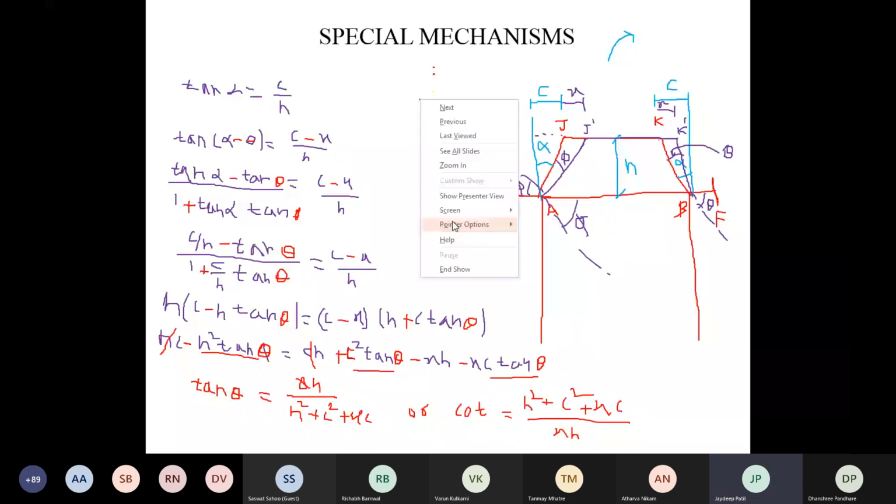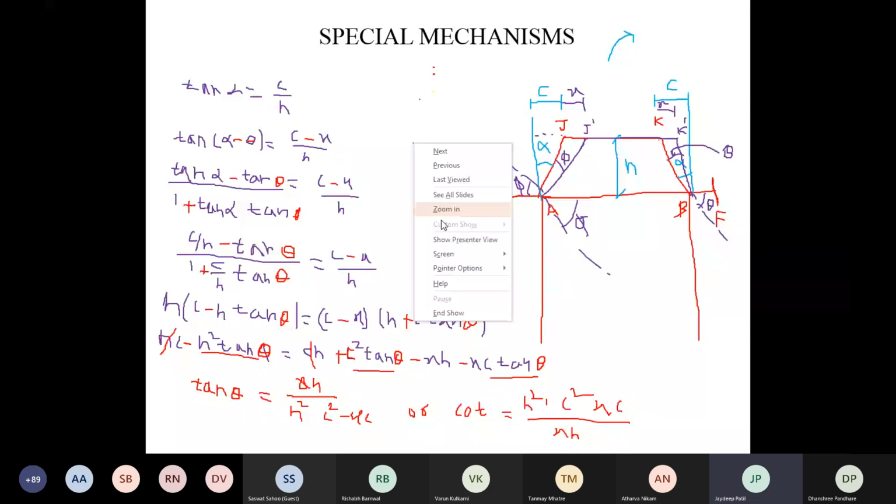Tell me the equation, anyone? Tan theta is equal to minus xh upon xc minus h square minus c square. You have to tell me in terms of plus, means you have to change the sign here. Suppose I change the sign here; now this becomes minus. Or you have to change all the signs here.